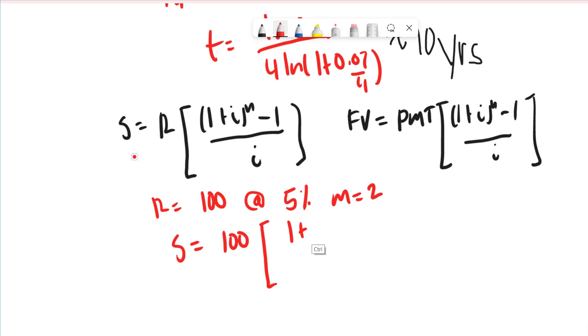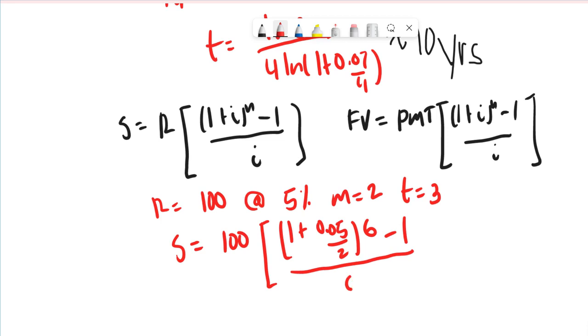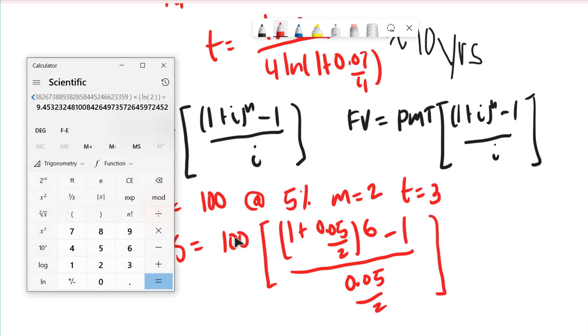Actually, it's not i, is it? It's 0.05 divided by 2 raised to the, actually I need to choose the time, right? Let's just choose 3. So 6 minus 1 divided by 0.05 divided by 2, and then we'll just try to figure out what that would be using the calculator.